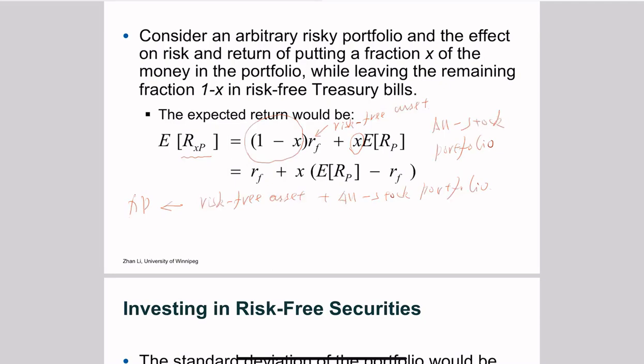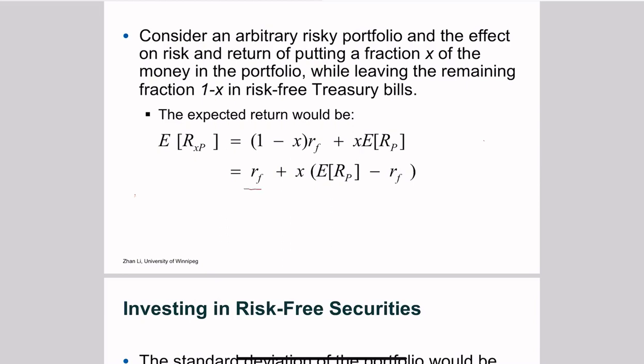We can further simplify this formula and we have this result: the risk-free rate plus the fraction of the money in the all-stock portfolio times the expected return of the all-stock portfolio minus the risk-free rate.